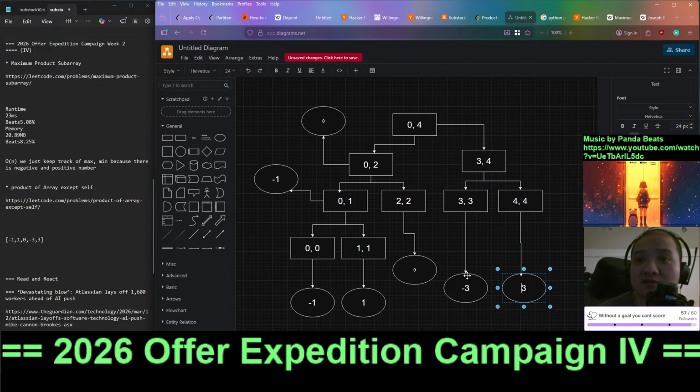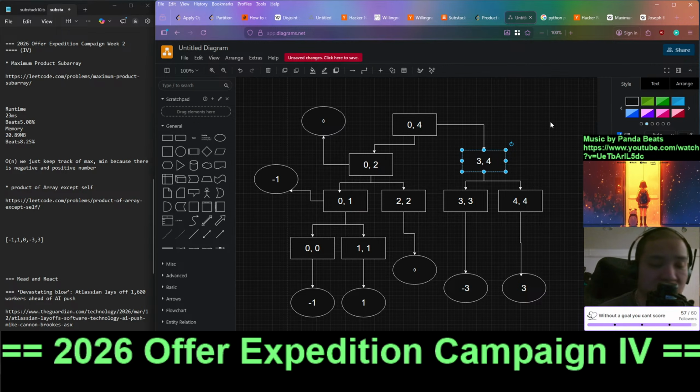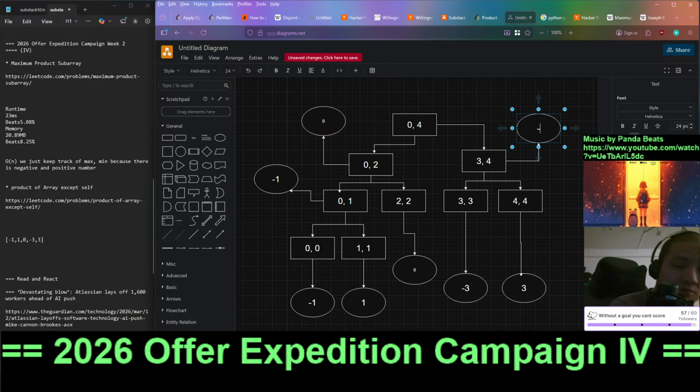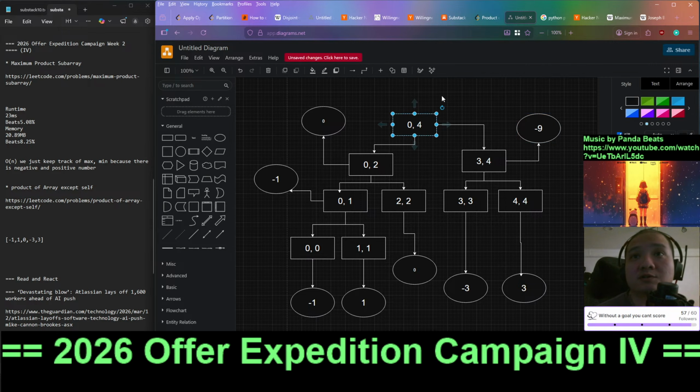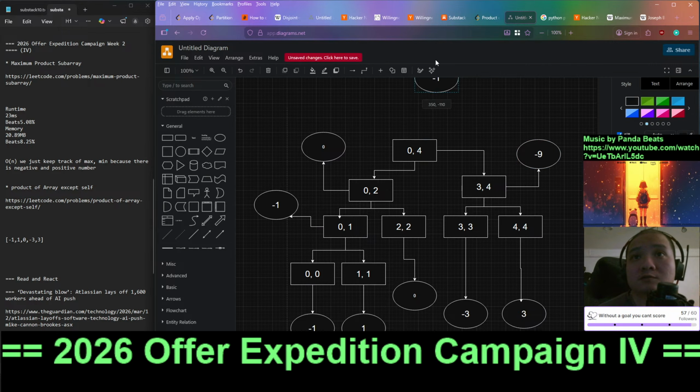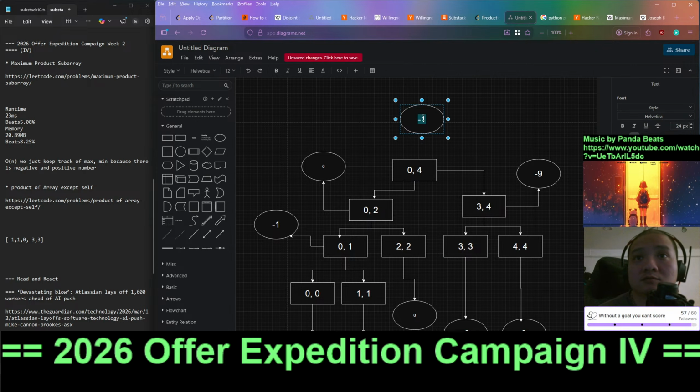Okay, so these multiplied together is negative 9. Negative 9. So this is going to be 0.